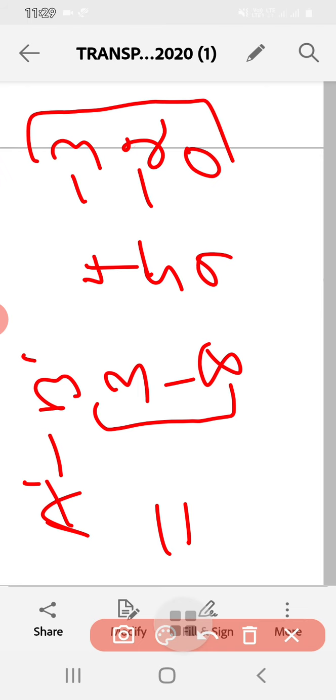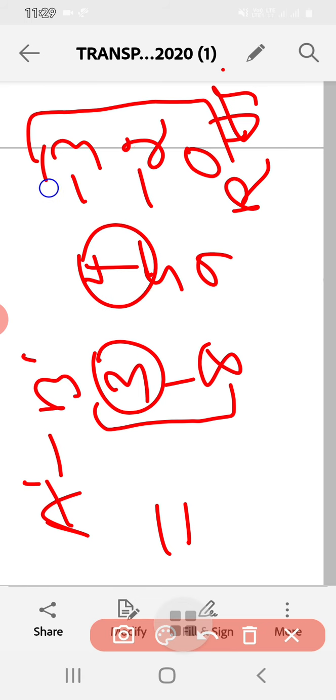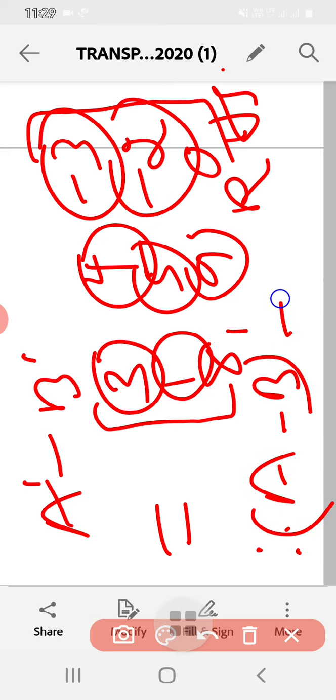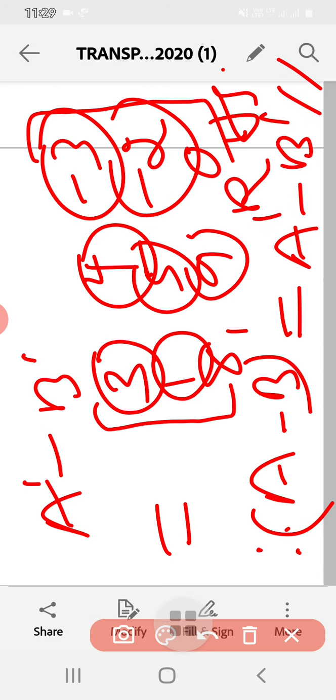So this is our RHS. You compare this with the earlier answer, and we see that LHS is equal to RHS. Therefore (A minus B) whole dash is equal to A dash minus B dash. So this property also holds good.